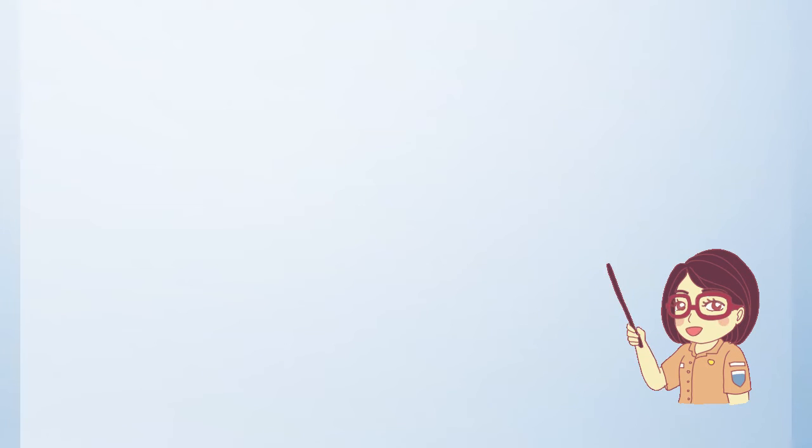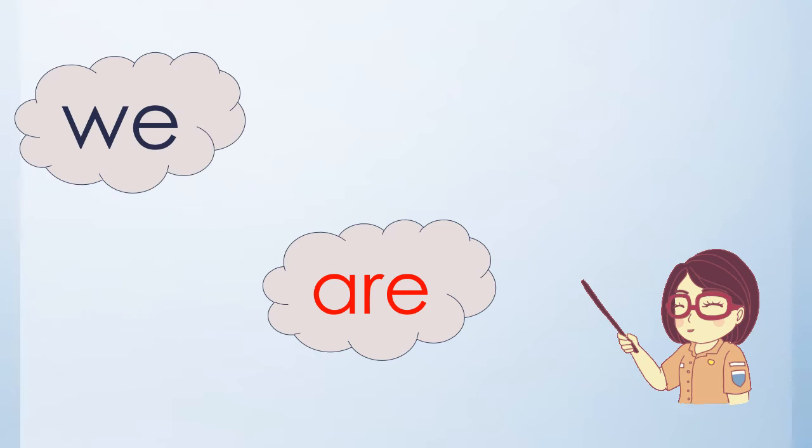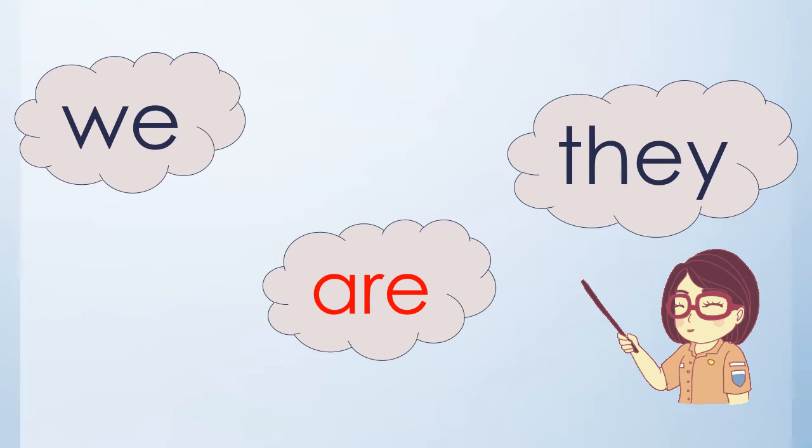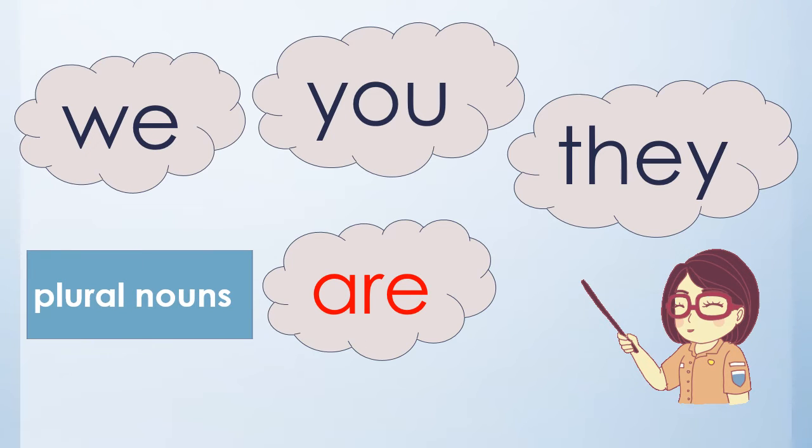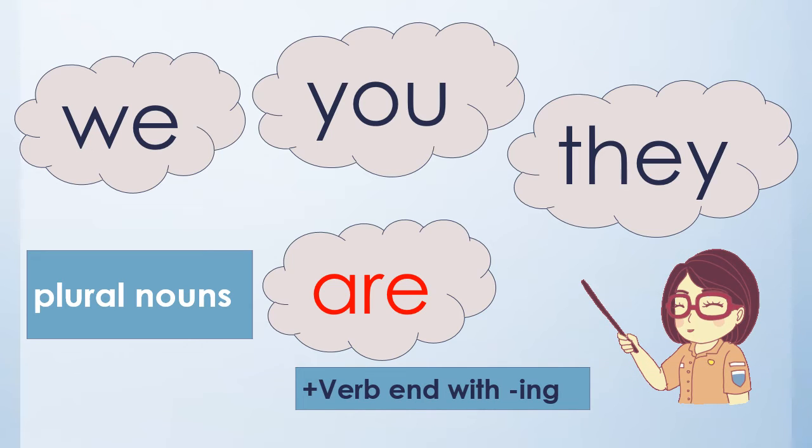Now let us see letter R. We use we are, they are, you are, and all the plural nouns, that is the names of two people, plus a verb ending with ing.